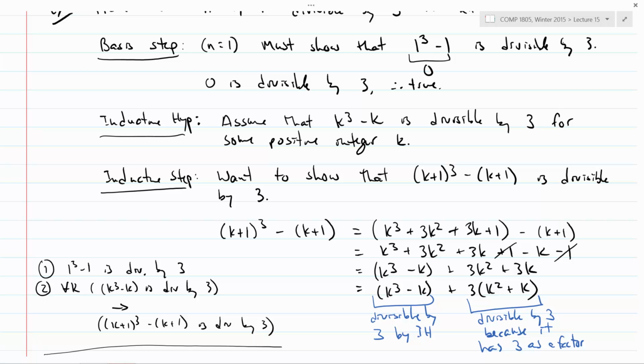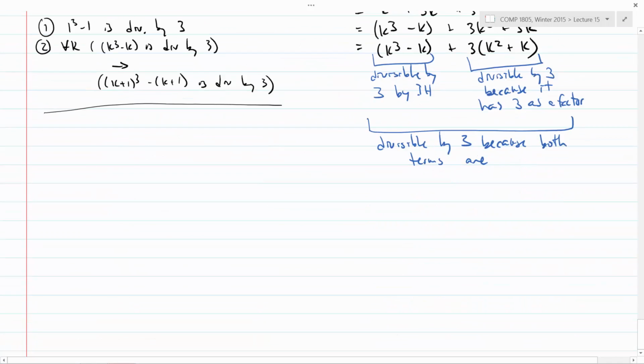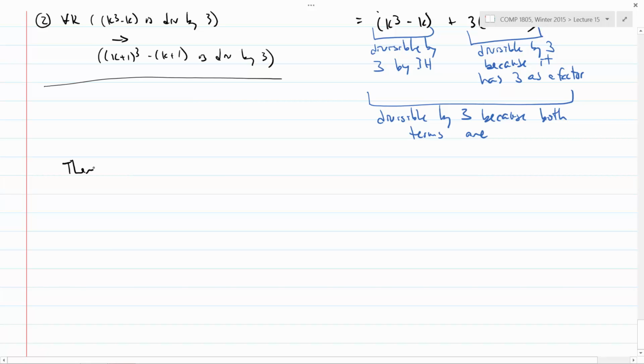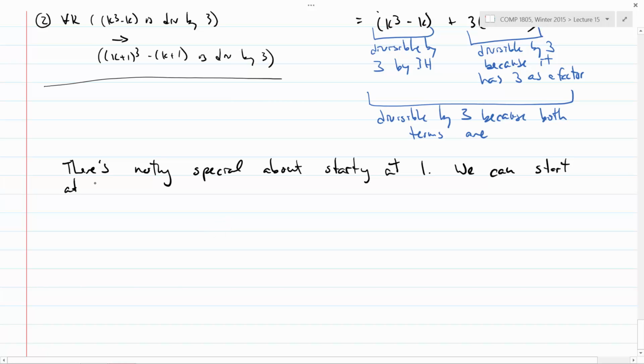Okay, so before we go, I just want to make one more remark, and this will lead into the examples we do next time. There's nothing special about starting at 1, and this is something I've already alluded to. You can start anywhere you like, at any integer, let's say b, and you do this by using b in your basis step.